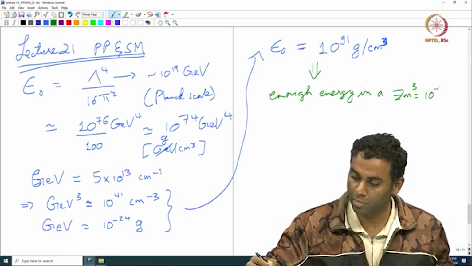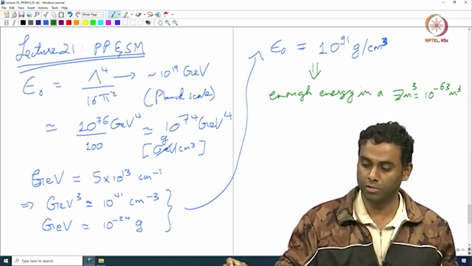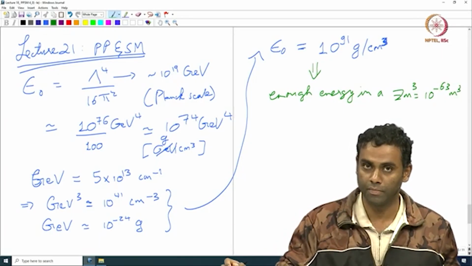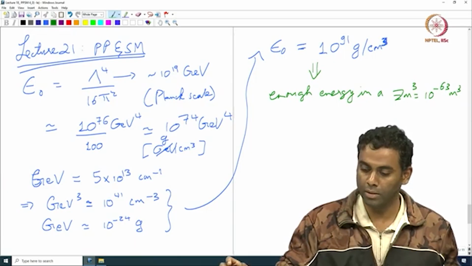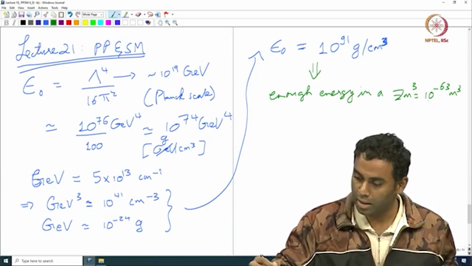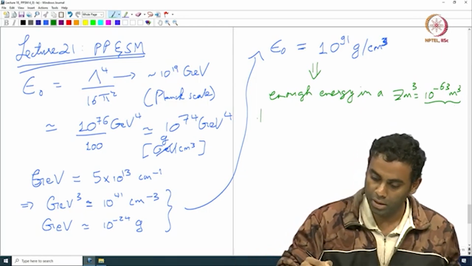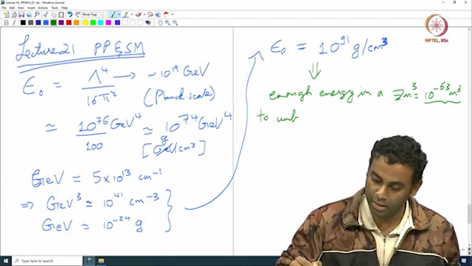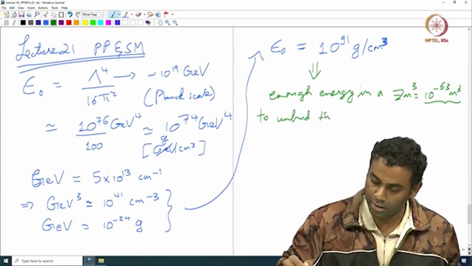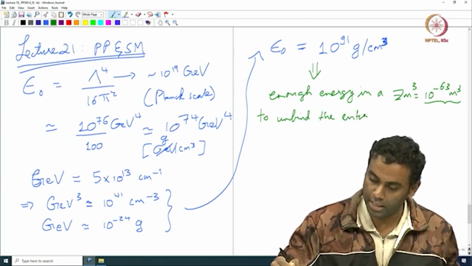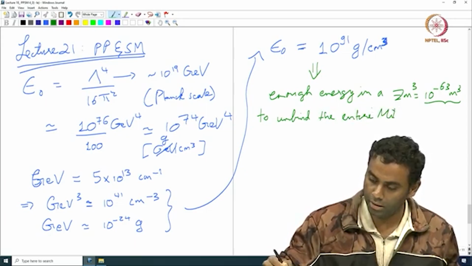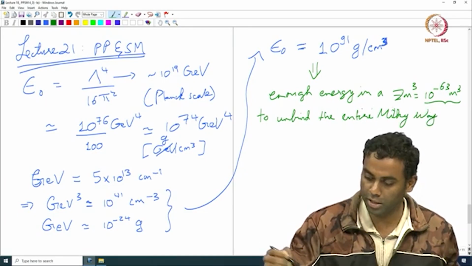That's basically 10 power minus 63 meter cubed, 10 power minus 21 whole cubed. Okay, enough energy in a volume of space that is so tiny to basically unbind what? The entire Milky Way. Tremendous amounts of energy, correct?